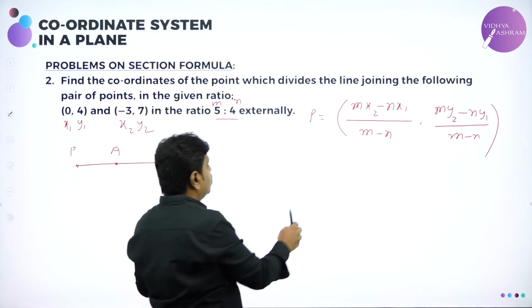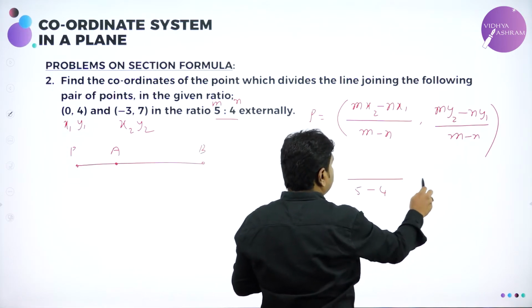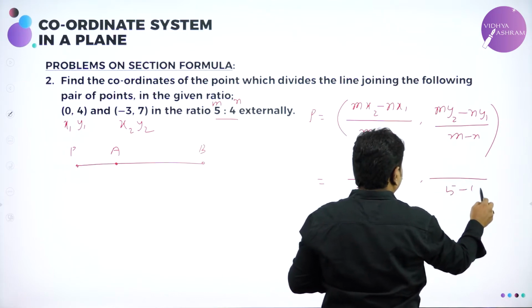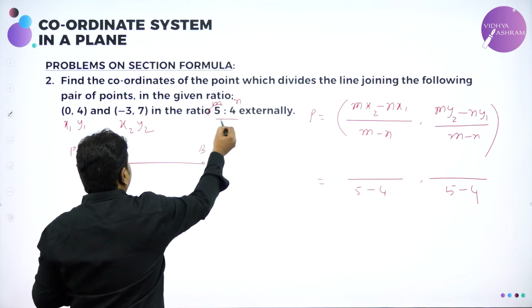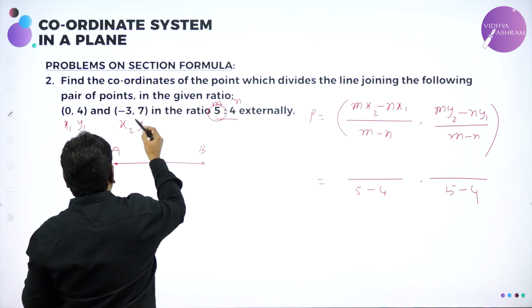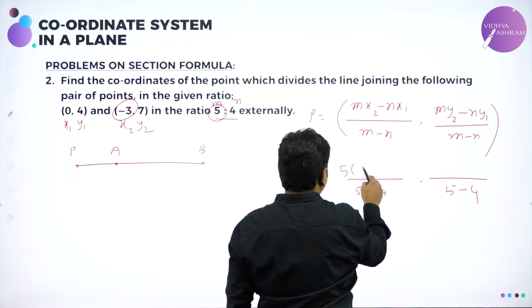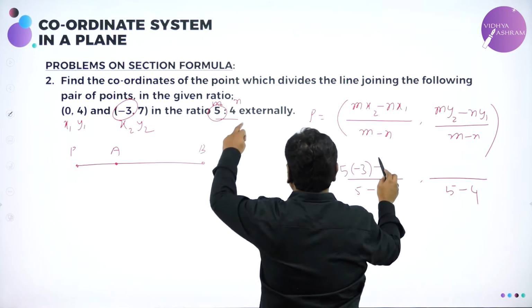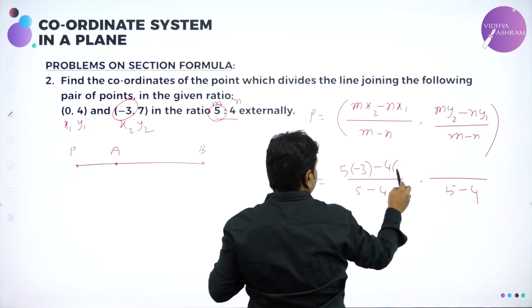Substitute. Now the denominator m minus n is 5 minus 4. Here also 5 minus 4. Numerator mx2 means 5 into x2. x2 is what? Minus 3. 5 into minus 3. Minus, in the formula n is what? 4 into x1, which is 0.